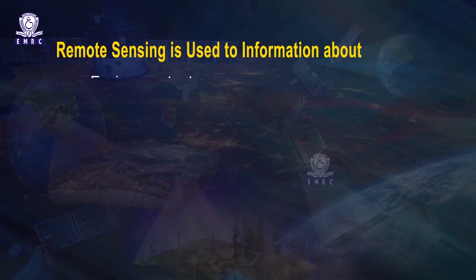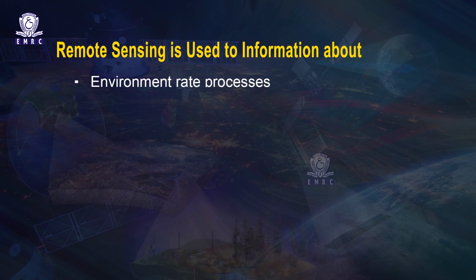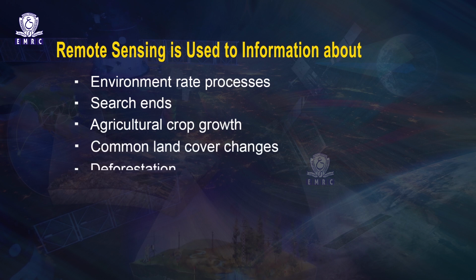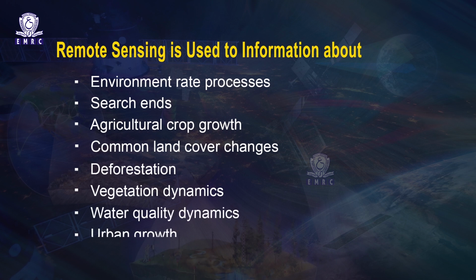Increasingly, remote sensing is used to acquire information about the environment, such as agricultural crop growth, land cover changes, deforestation, vegetation dynamics, water quality dynamics, urban growth, etc.